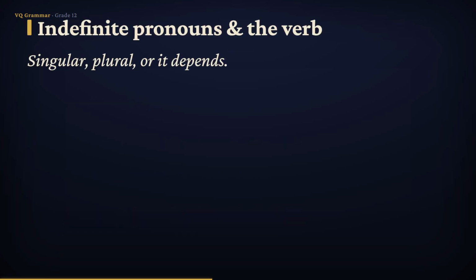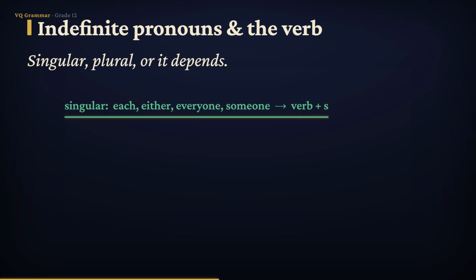Here's the part that trips people up. Indefinite pronouns control whether the verb is singular or plural. Some are always singular: each, either, everyone, someone, even when a plural noun follows them. Each of the finalists was nervous, not were, because each is the real subject, and each is one at a time.